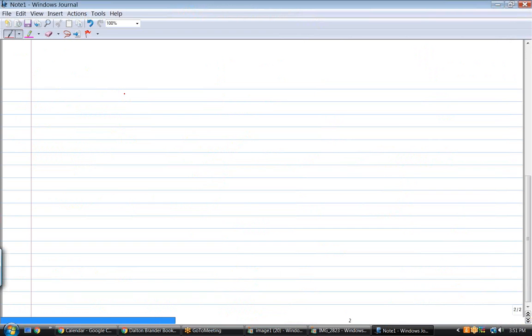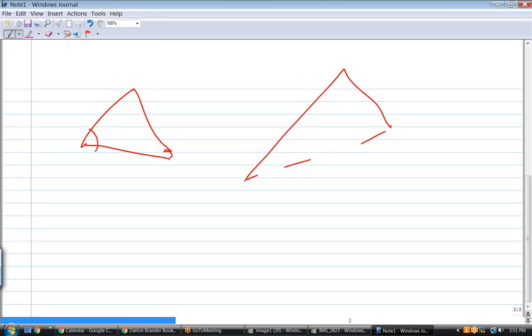In other words, if I draw two similar triangles, let me redraw this one. Those two triangles are similar because we have angle, angle equals angle, angle.